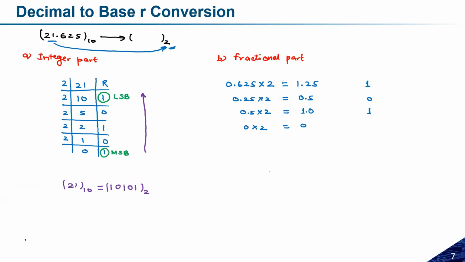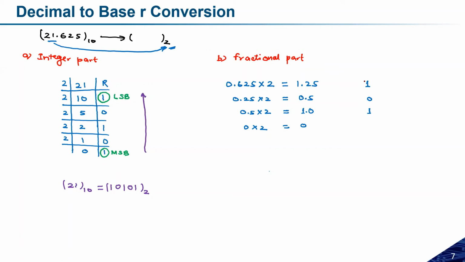The important thing is that in the integer part, we started writing the number from the MSB to LSB, and the last remainder was considered the MSB. But here the case is opposite.